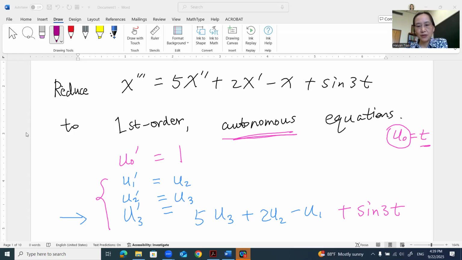And since it's already defined, then we can replace that t here. So that's simply U0. Our goal is to get rid of the t variable from the right-hand side. So let's replace this t with U0.